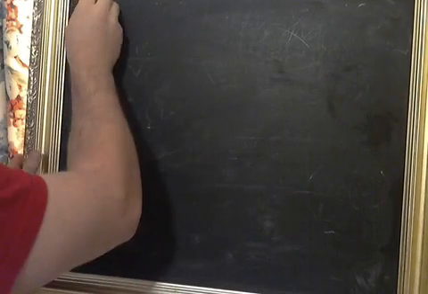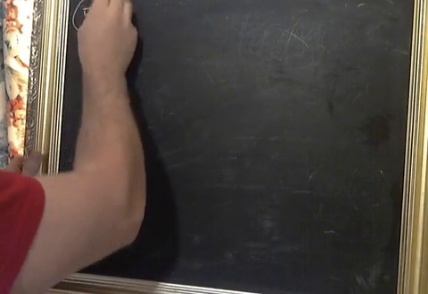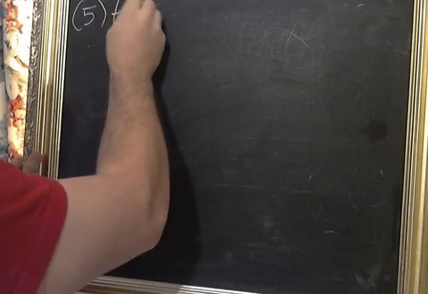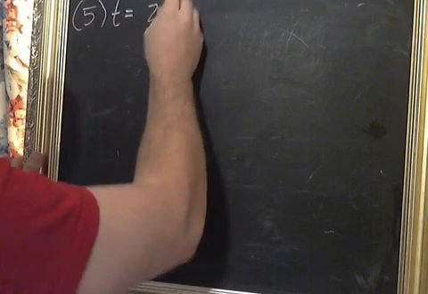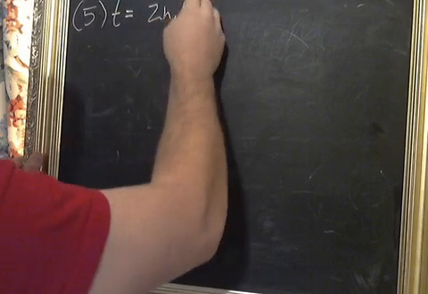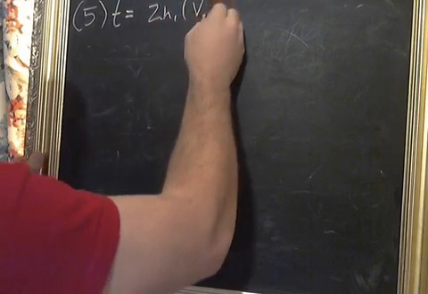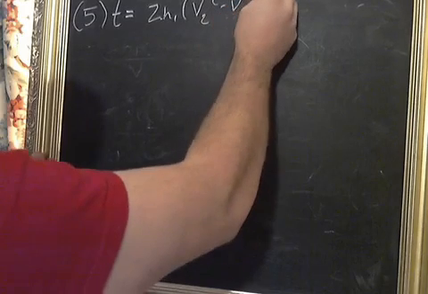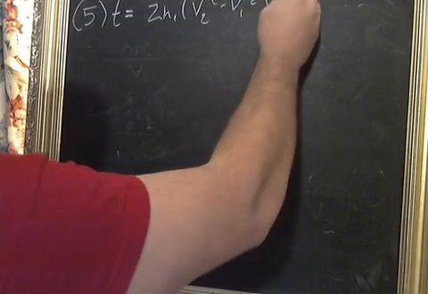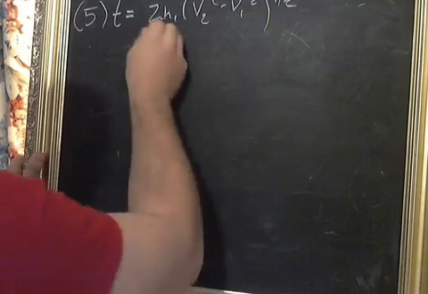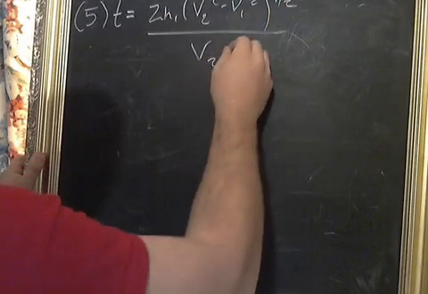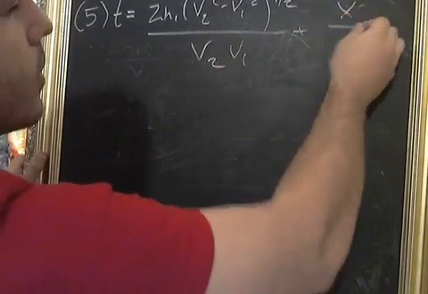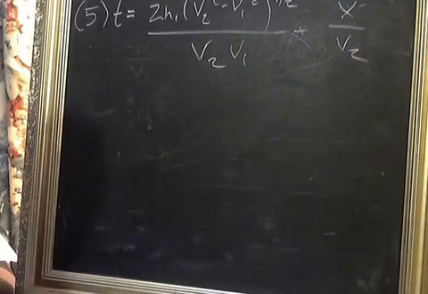And equation 5 says that t equals 2h1 times v2 squared minus v1 squared raised to the 1/2 divided by v2 times v1, plus x over v2.